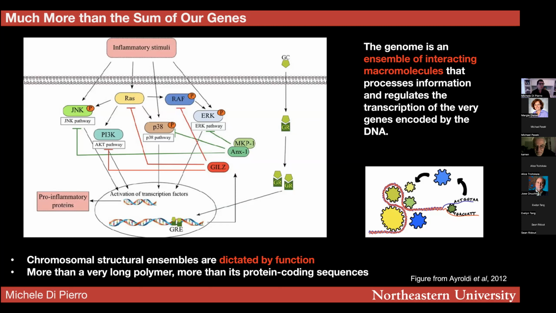So in this figure, which is just an example, you have an inflammatory stimulus. The inflammatory stimulus is read inside the cell by a chain of protein-protein interactions, and then these signals arrive at the nucleus, and in the nucleus there's some additional processing of this information, and then some genes are activated, some proteins are produced, and then they participate in the function of the cells.